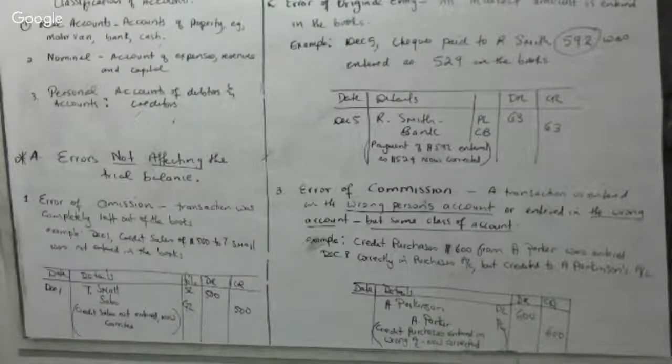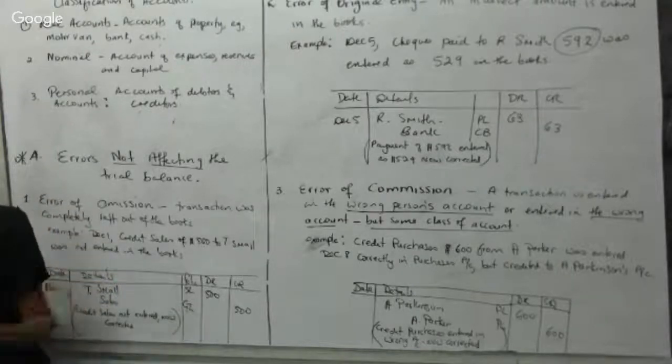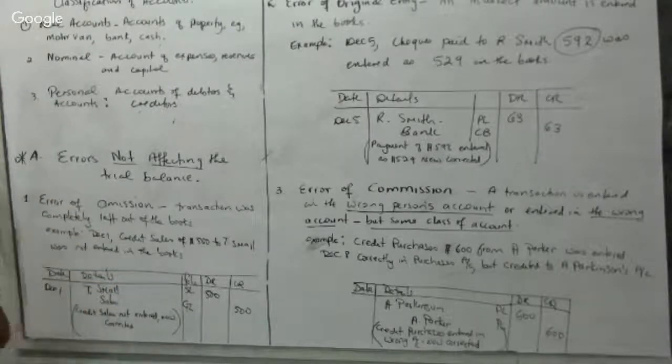Use the purchase, yeah, purchase. And you know that error of commission is one of those you would probably call the challenging ones. But if you know it, it's never hard.